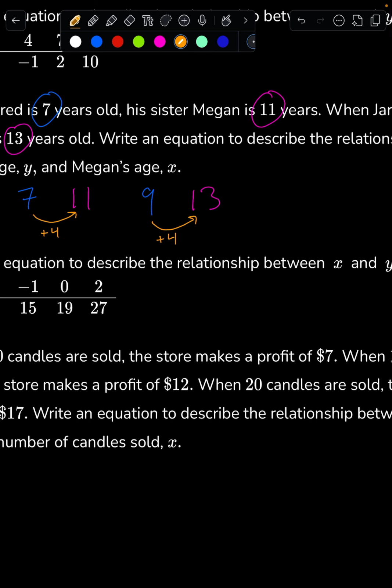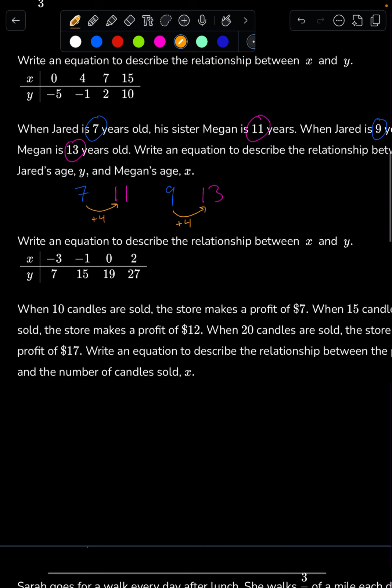Megan's age. And so if Jared's age is y in this example, and they're calling Megan's age x, then I can say Jared's age y plus 4 will give me Megan's age x.